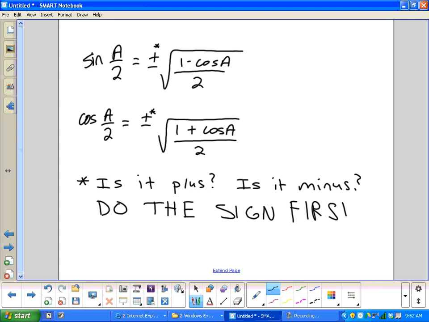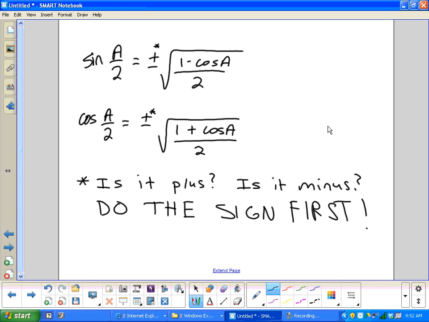Figure that out first. Is it positive or is it negative? Then you can start plugging into the formula. That's really important because that's usually the first of three things people miss with these problems, not getting the right sign because they look at the wrong number. If you find the sign first, you don't have that issue.